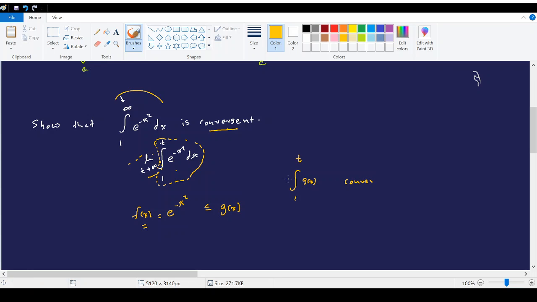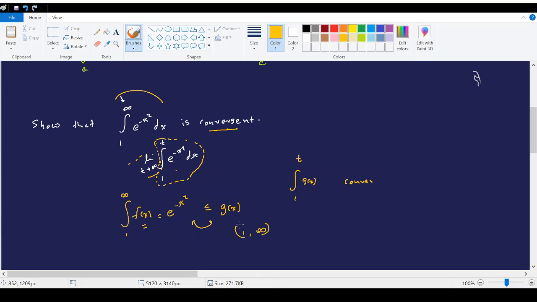If that happens, then since this is larger than f(x), from the comparison test we can say that the integral of the smaller one will also converge. But now we should figure out the suitable function to compare with e to the power negative x squared. And remember, this comparison should only be done within 1 to infinity.